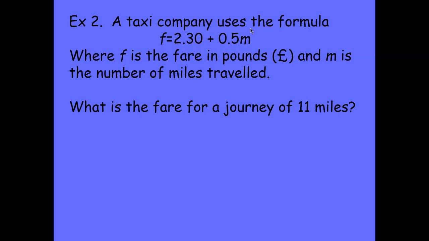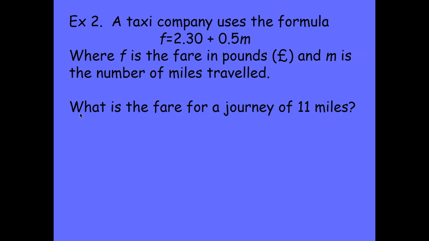A taxi company uses this formula, F equals 2.30 plus 0.5m, where F is the fare, and it's being measured in pounds, and m, which is the only other letter in this formula, is the number of miles travelled.